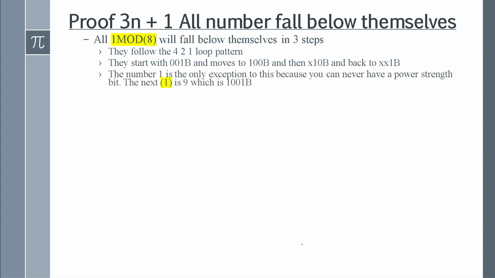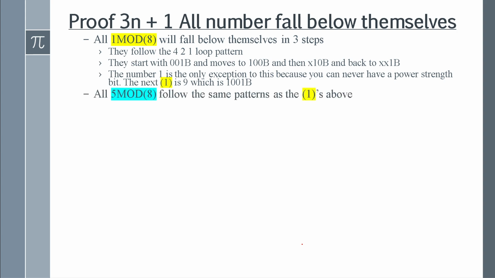Right? The number 1 is the only exception because you can never have a power strength bit. Right? The next 1 mod 8 is 9, and it's 1, 0, 0, 1.